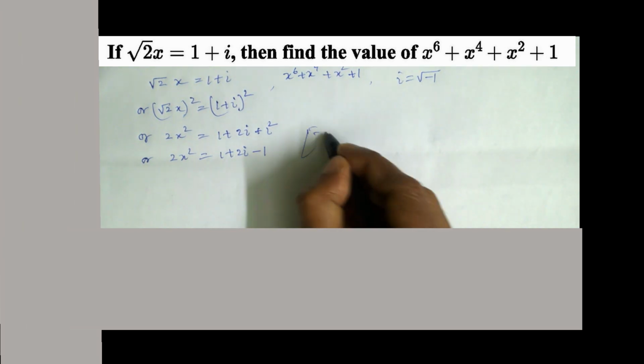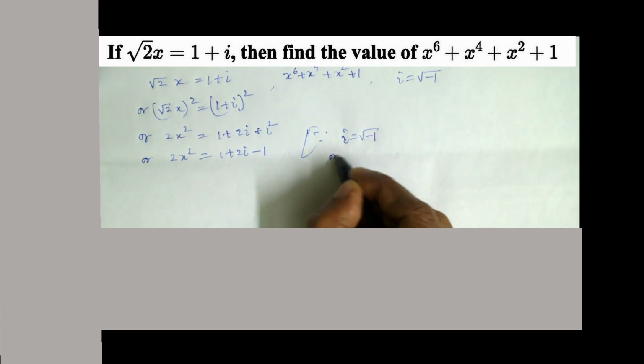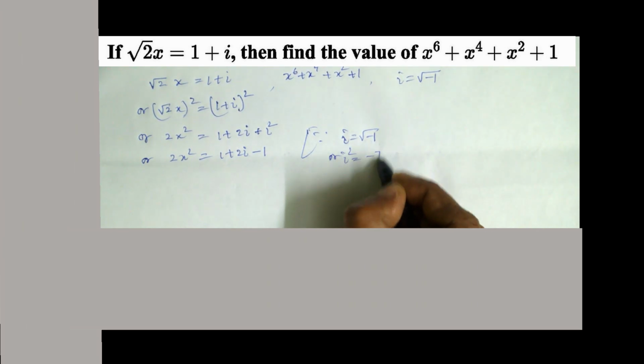Here, i is equal to root over minus 1, or i square is equal to minus 1.